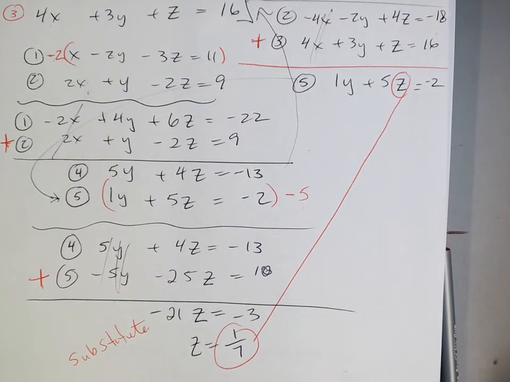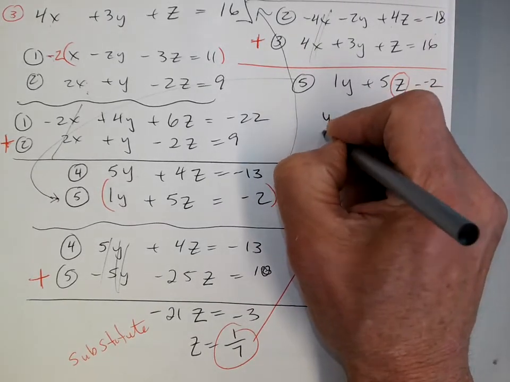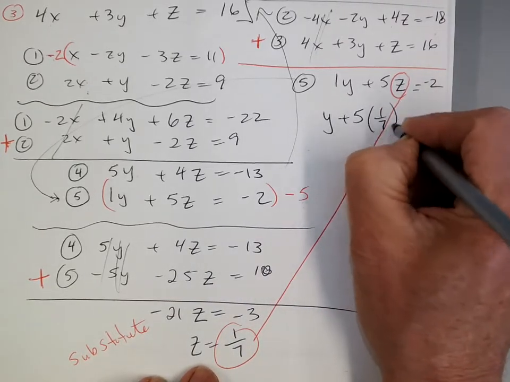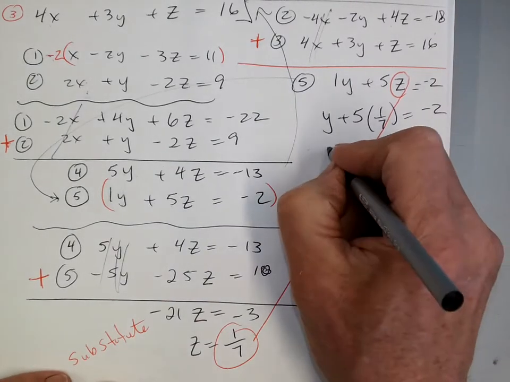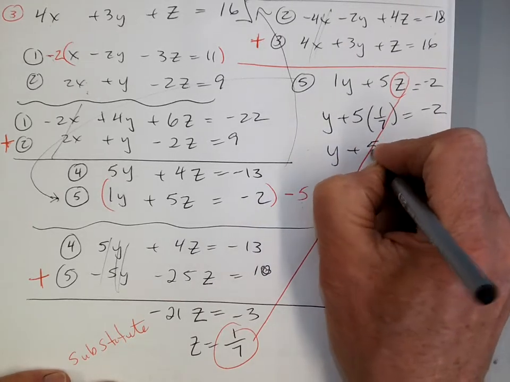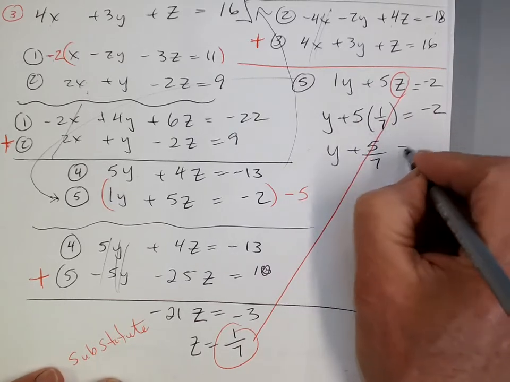So I'm going to have a 1y plus a 5 times 1/7 equals negative 2, okay? I'm going to have y plus 5/7 equals negative 2.